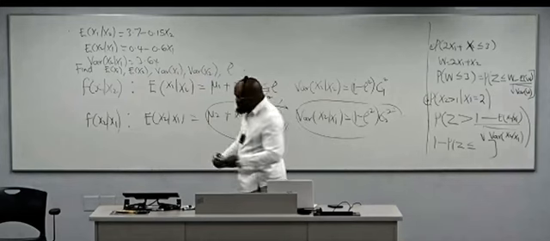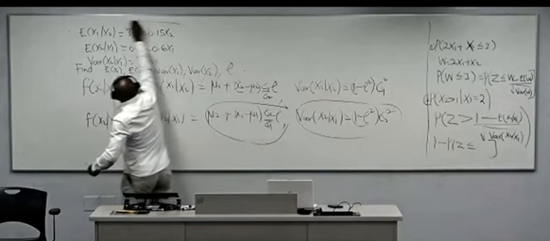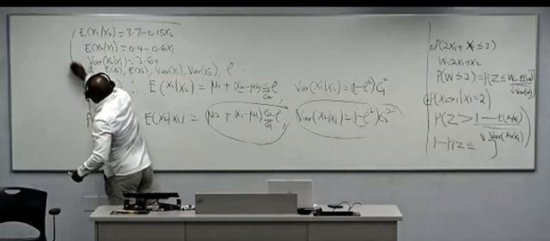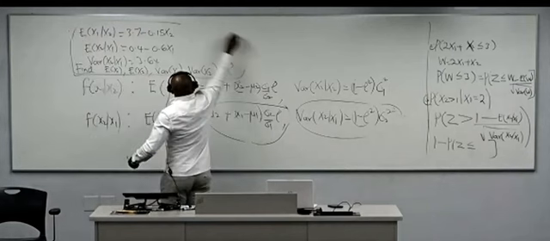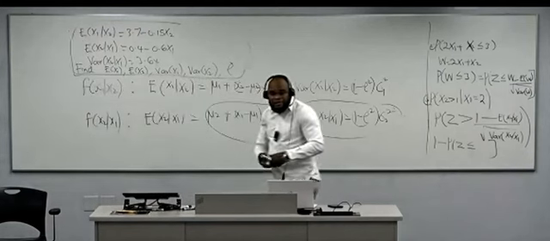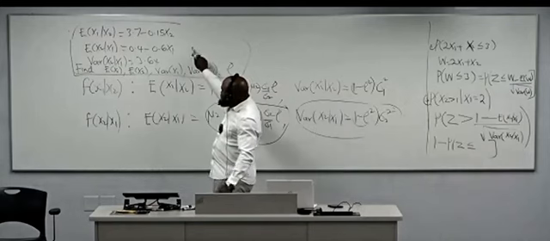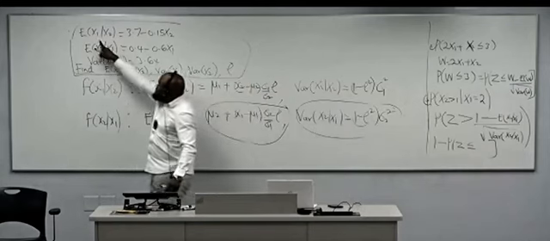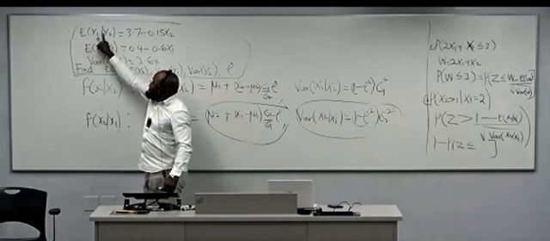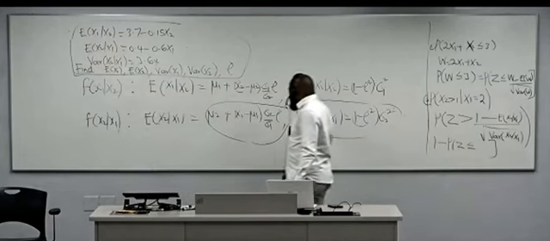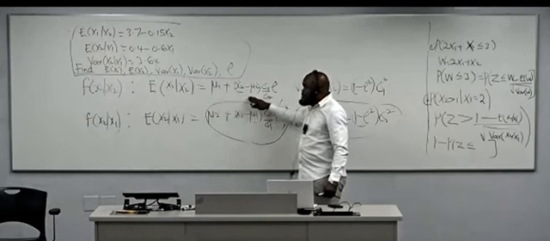Now, how can you solve a problem like this? This is what you are given. Look at the first one: the expected value of X1 given X2. Where is that? This is it, right?